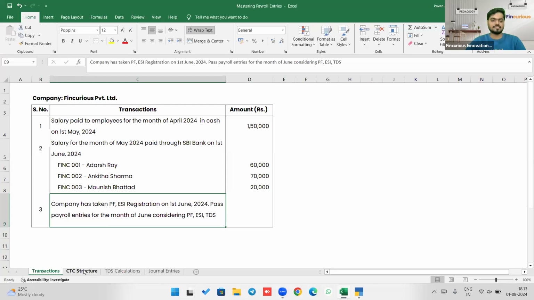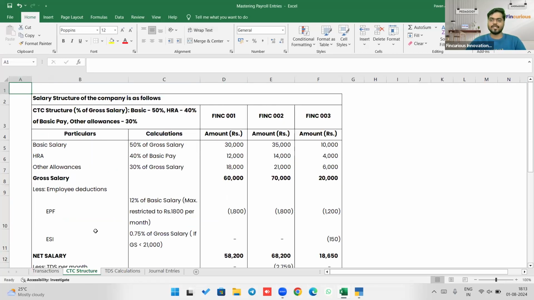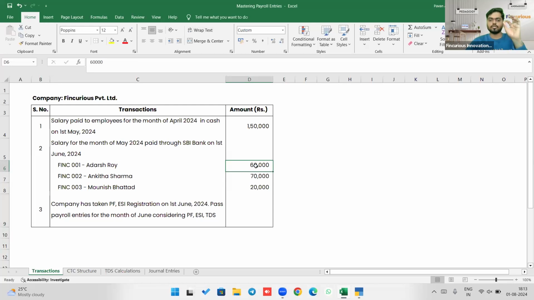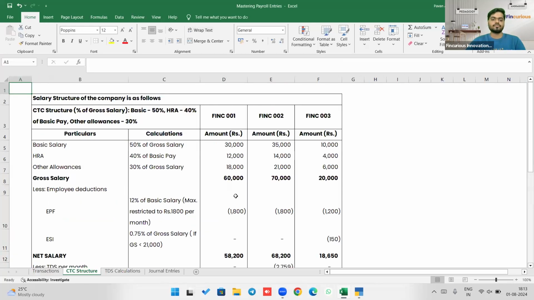So I'll open this CTC structure so you will get a better idea of what I'm doing. So you see here, Adarsh Rai is getting 60,000. This 60,000 is nothing but gross salary. The CTC structure of this company is like this: basic 50% of gross salary, HRA 40% of basic pay, other allowances 30% of gross salary.